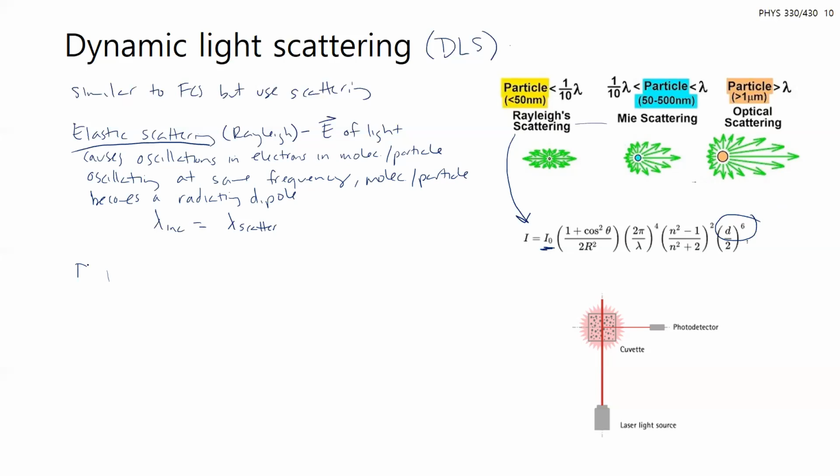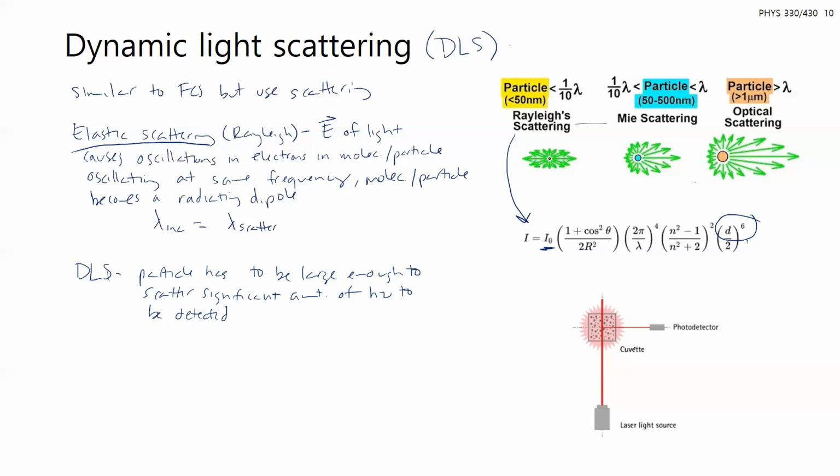So for DLS, the particle has to be large enough to scatter enough light significantly. So it's important if you're using DLS to know the limits of your instrumentation.